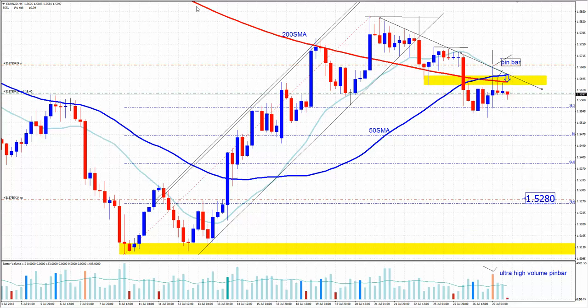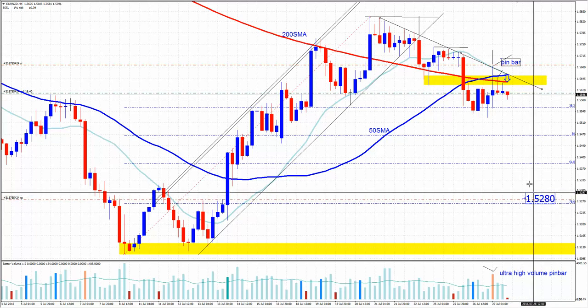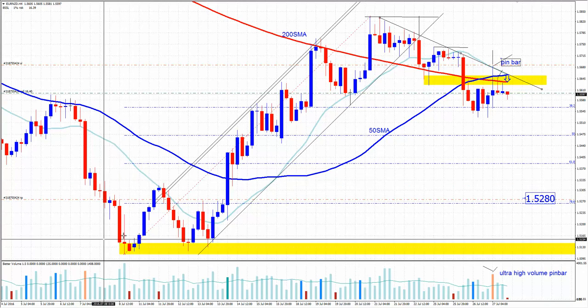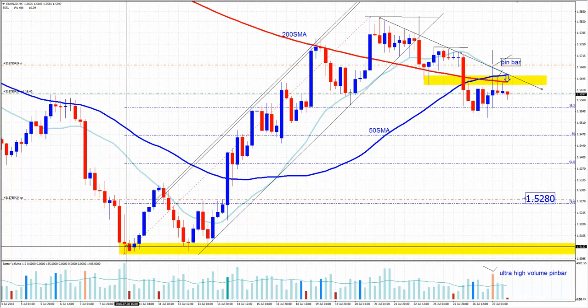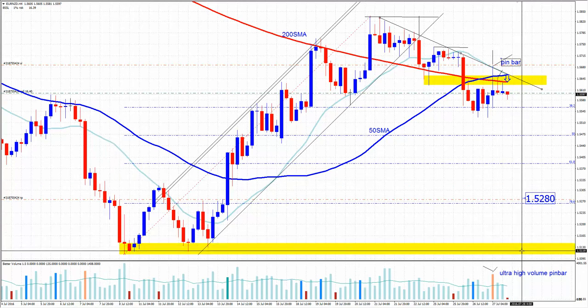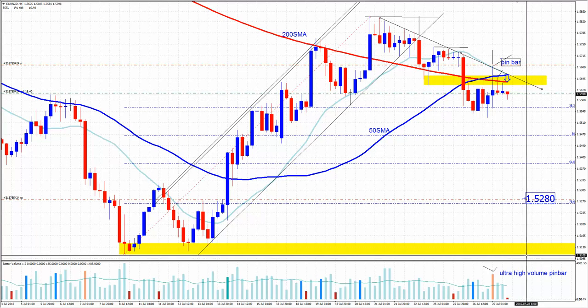So my take profit is in this 78.6% retracement near 1.5275, 1.5280. But of course, the key demand zone, the key cluster there, is sitting around 1.520, 1.505.